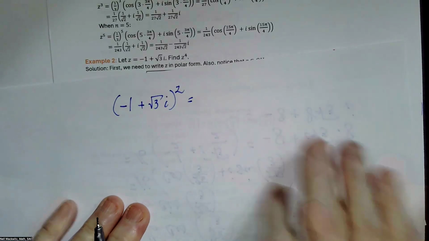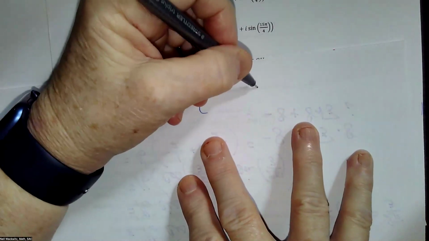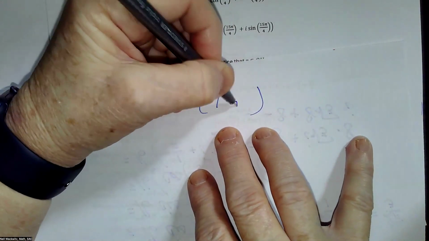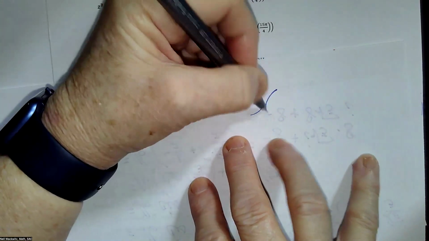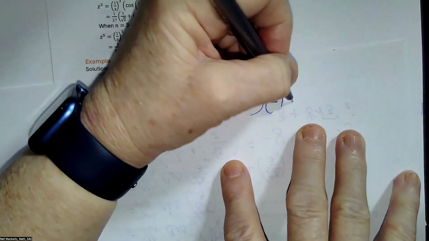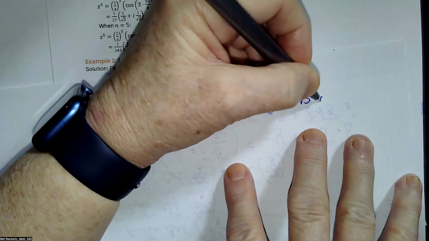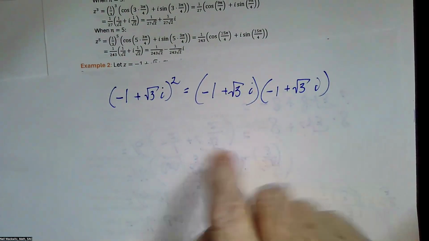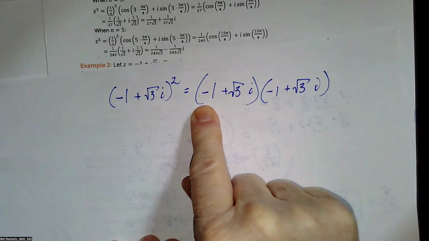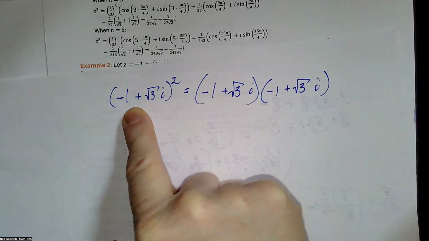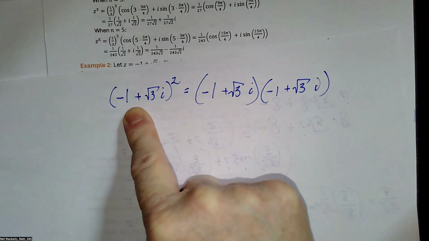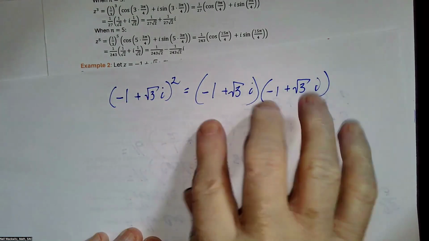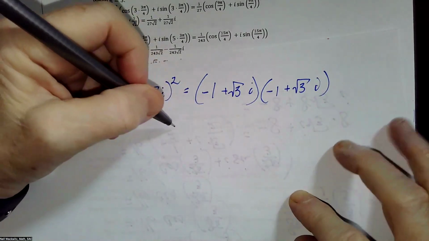So we have negative 1 plus square root of 3i times negative 1 plus square root of 3i. And we remember that multiplying complex numbers in rectangular form means distributing.